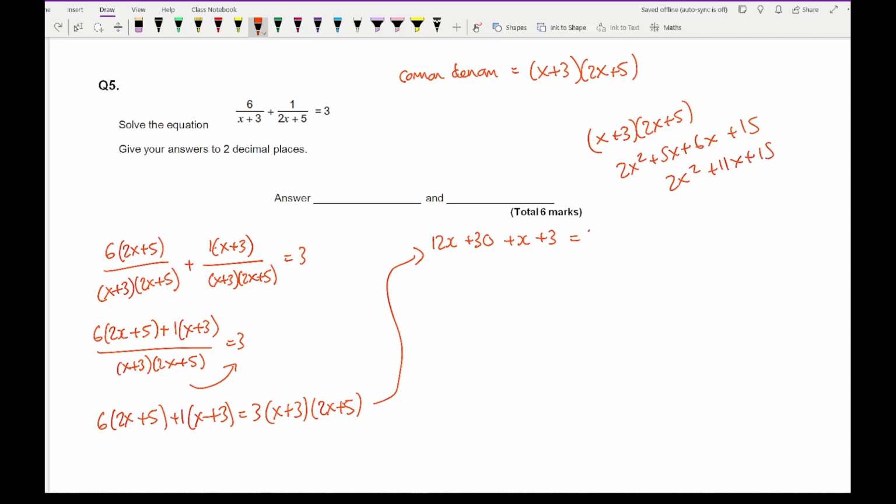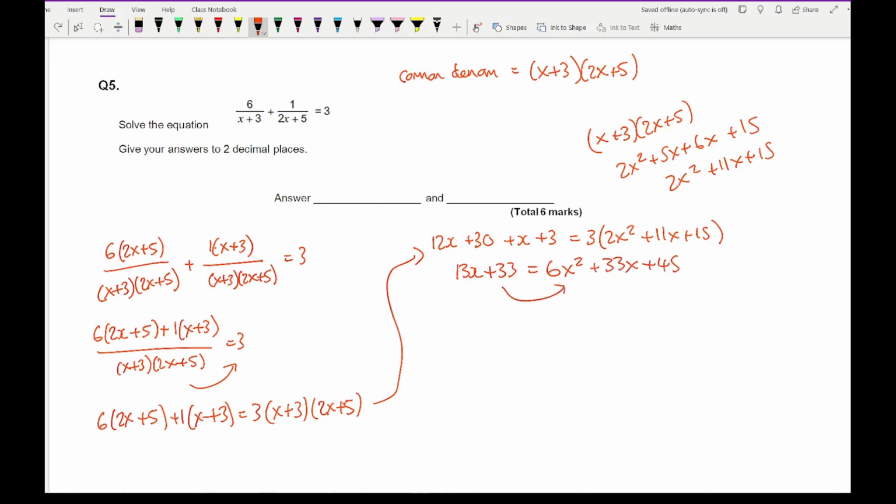So what I've then got is 3 lots of that. And then simplifying the left hand side, I end up with 13x plus 33 equals 6x squared plus 33x plus 45.